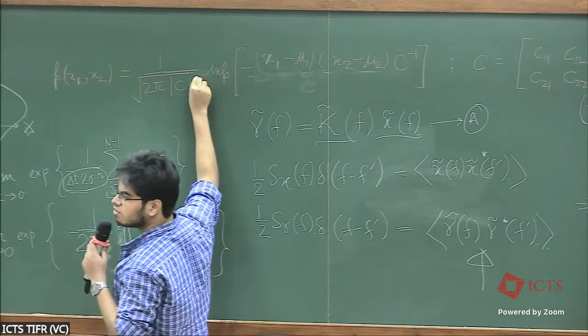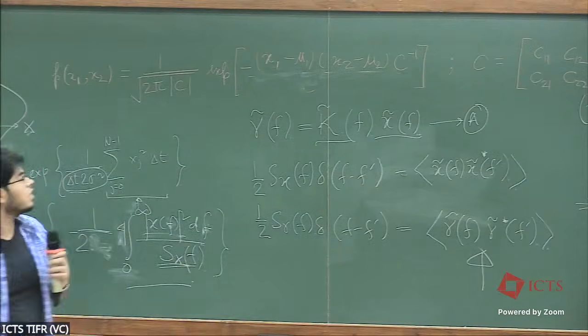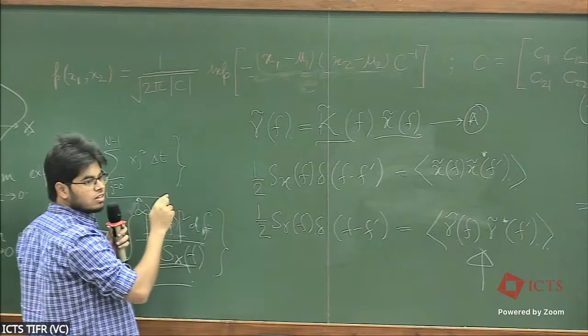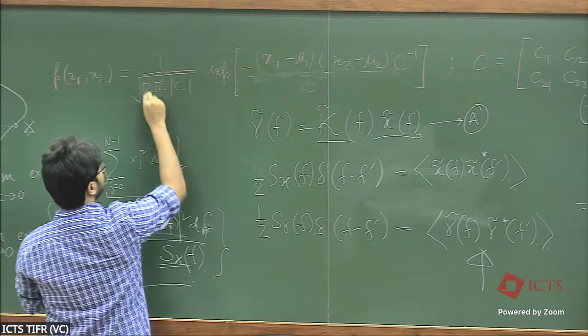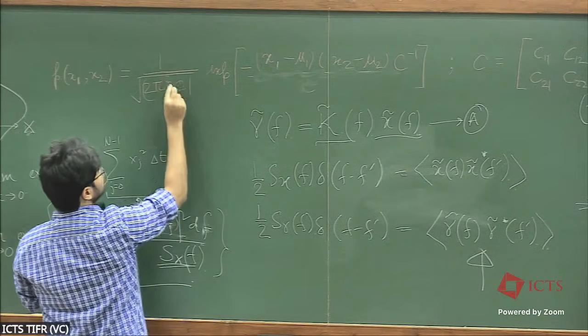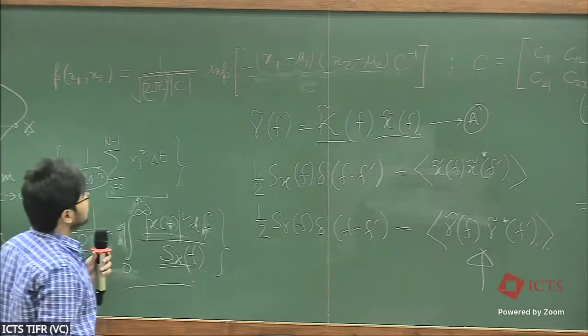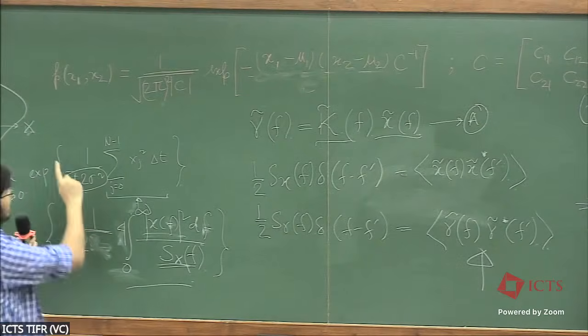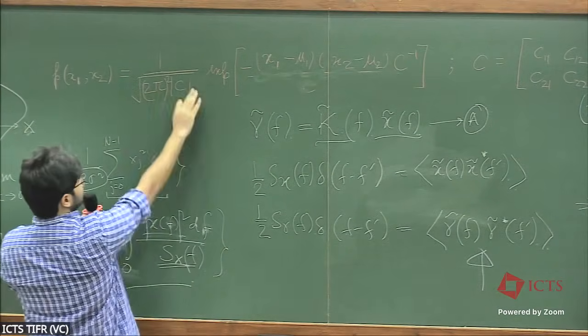Is there some power involved here? Anyway, it's just a constant normalization: 2 pi raised to the power of the dimension, this is a square, and this is just the determinant. So this is how a multidimensional Gaussian distribution looks. This is the two-variable case, and this is some constant factor.